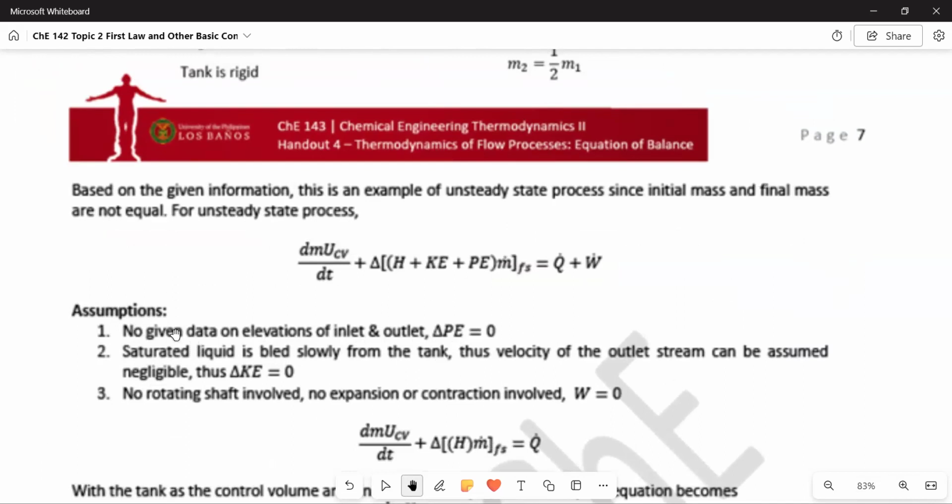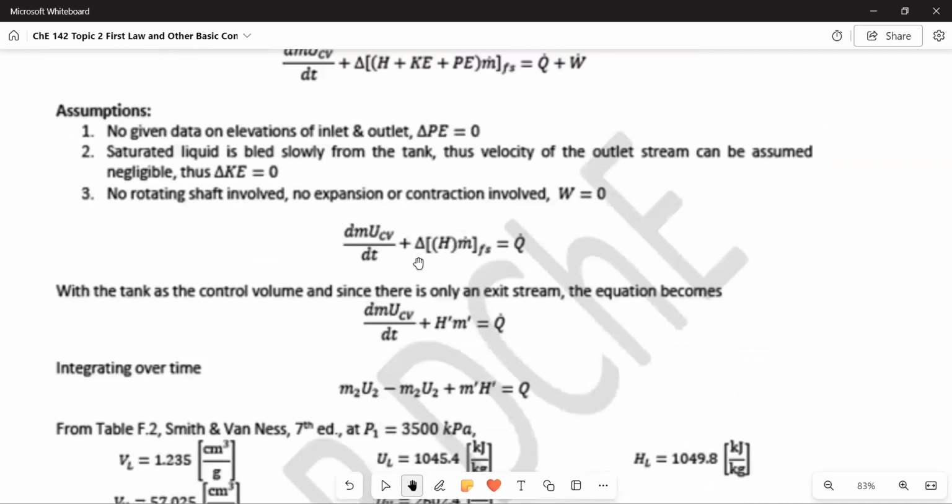First, there's no data on elevation, so PE is negligible. And then for delta KE, the operating keyword there is saturated liquid is bled slowly from the tank. Slowly, thus the velocity can be assumed to be 0, and therefore delta KE is 0. There's no rotating shaft and no expansion or contraction of the control volume, so work is 0. Our energy balance simplifies to this one.